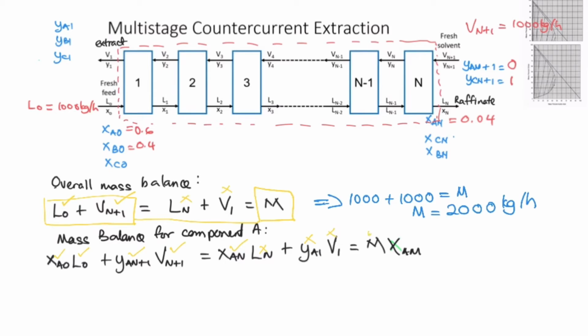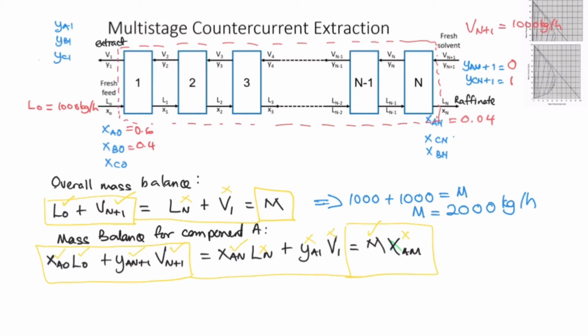You have M, but you don't have XAM. So now what you can do is to take a set of equations which consists of this part of the equation, which is equal to M times XAM.